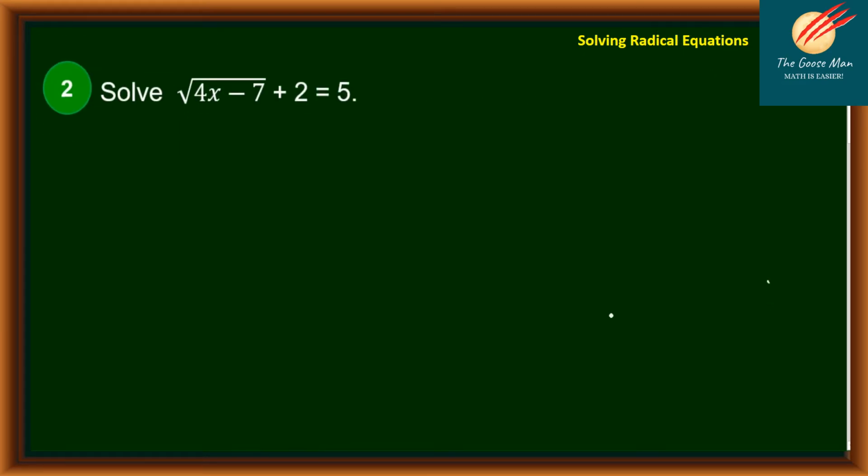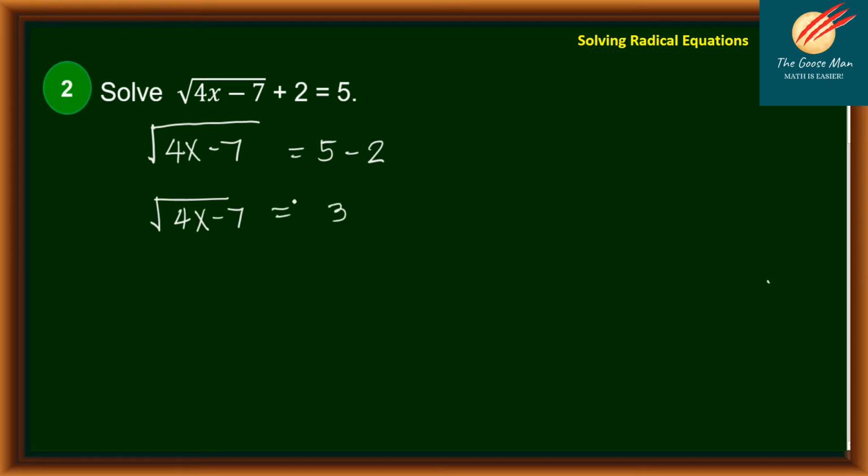Let's move on to item number 2. We have the square root of 4x minus 7 plus 2 is equal to 5. So what we're going to do is subtract both sides of the equation by 2. So we have square root of 4x minus 7 is equal to 5 minus 2. So you have the square root of 4x minus 7 is equal to 3. Then take the square of both sides of the equation.